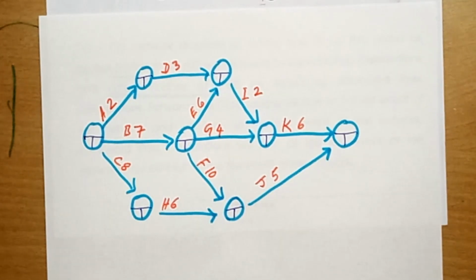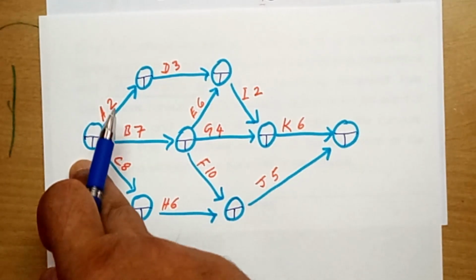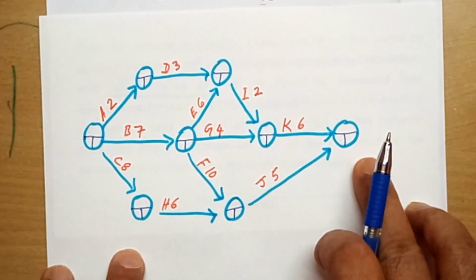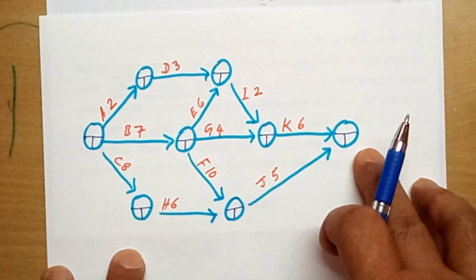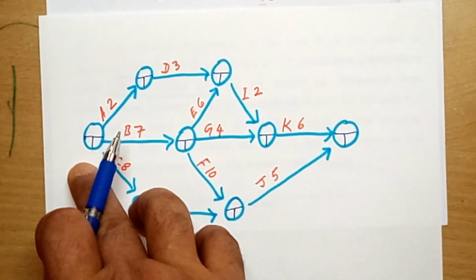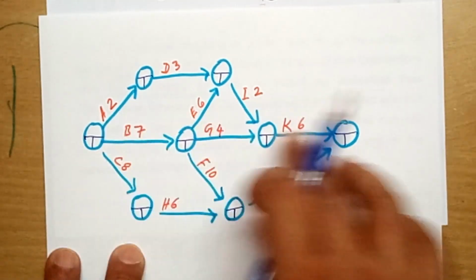Forward pass starts with the first node or first event and finishes with the last event, last node. And backward pass starts with the last event or last node and finishes at the starting node. This is the starting node, this is the ending node.